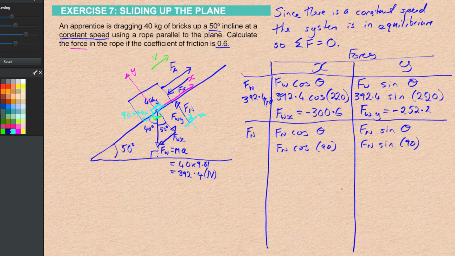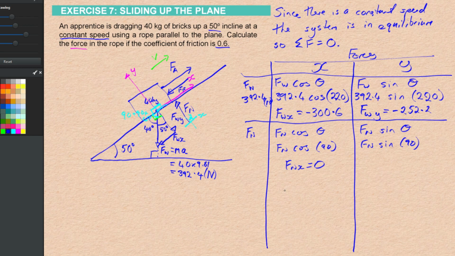But I like my table, it works for me, and I can always double check everything's there, and when it gets more complicated I've still got the same process that I do. Cos of 90 should be 0, so Fn in the x direction equals 0.